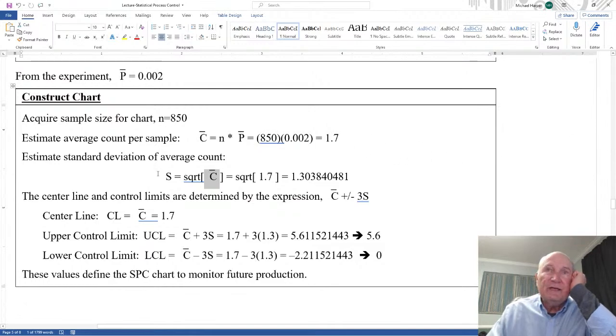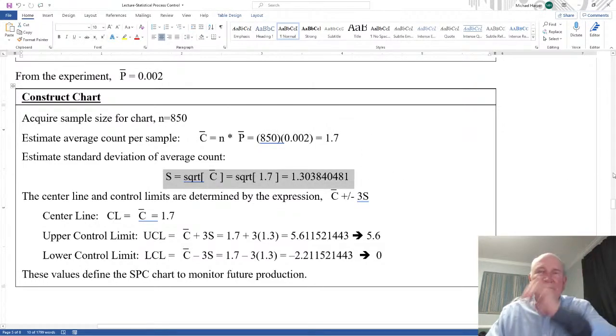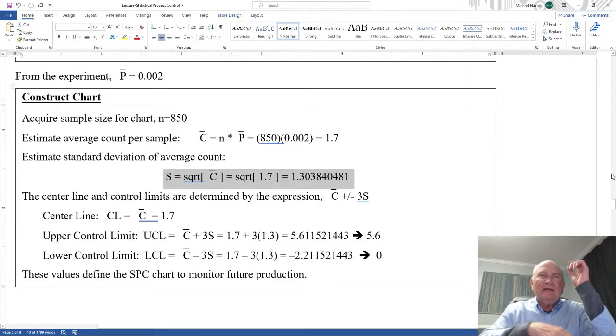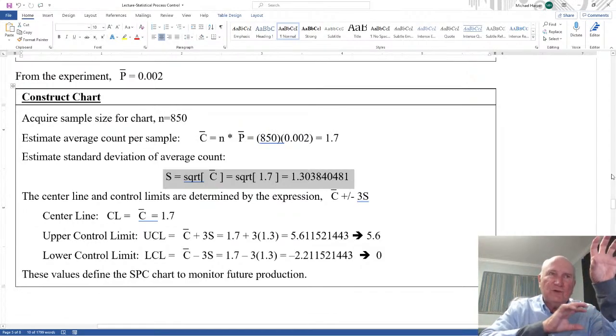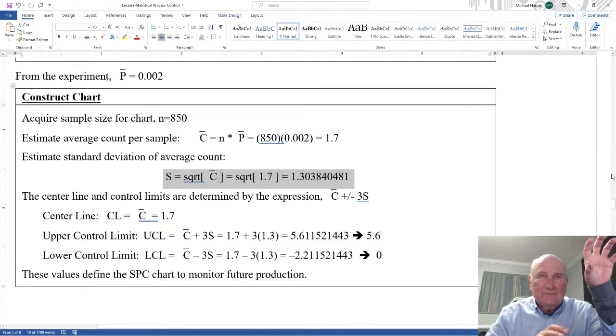So the square root of the mean is the standard deviation. Crazy, isn't it? Well, remember up there we had P bar, and the standard deviation is the square root of P bar times 1 minus P bar over n.